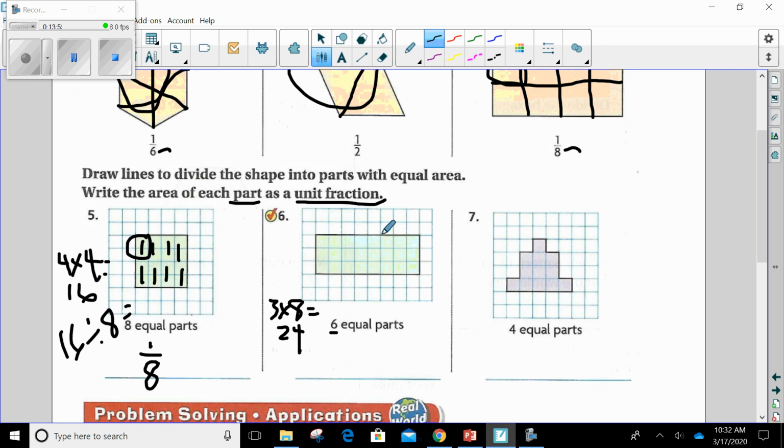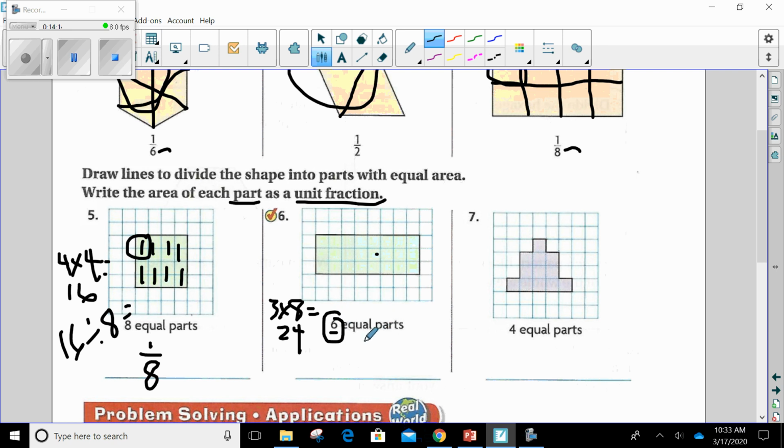1, 2, 3, 4, 5, 6, 7, 8, 9, 10, 11, 12, 13, 14, 15, 16, 17, 18, 19, 20, 21, 22, 23, 24. Okay? Well, there are 24 squares. We are going to divide them into 6 parts.